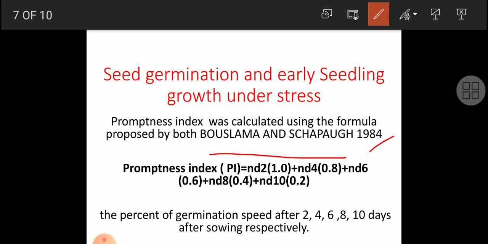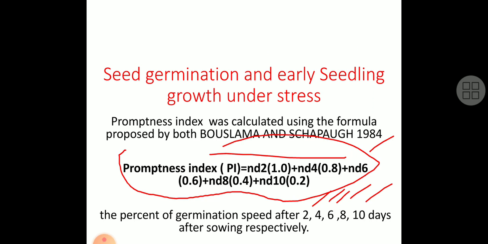Promptness index PI is equal to nd2 (1.01) plus nd4 (0.8) plus nd6 (0.6) plus nd8 (0.4) and so on, where n is the percent of germination speed after 2, 4, 6, 8, 10 days after sowing respectively. So this is the promptness index formula we can use here.